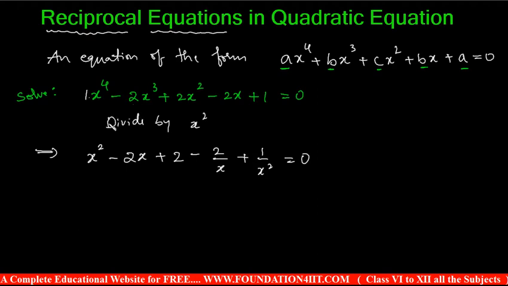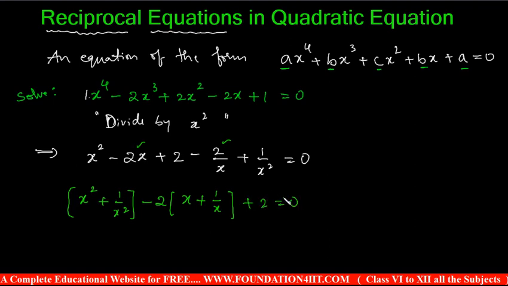Now we take it in order: the first and last terms together, x^2 + 1/x^2, then the 2, and from the middle terms take -2 common: -2(x + 1/x), plus 2 is equal to 0.